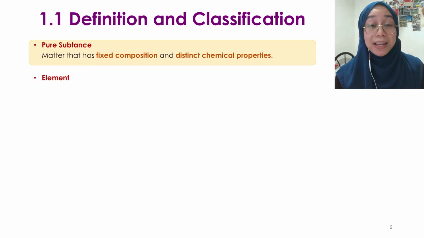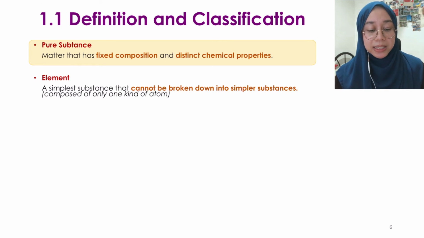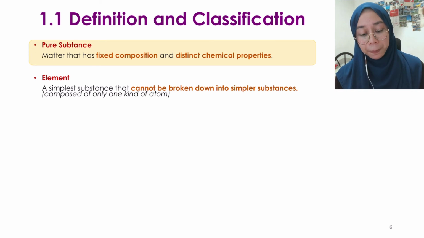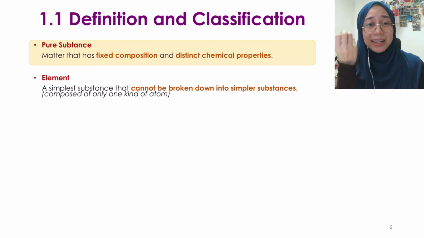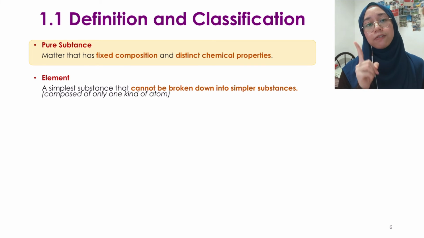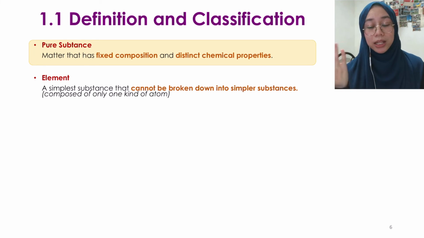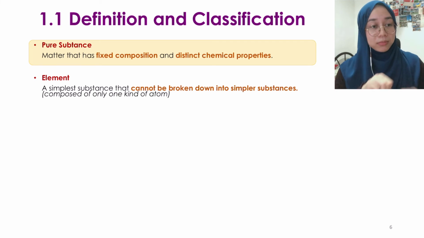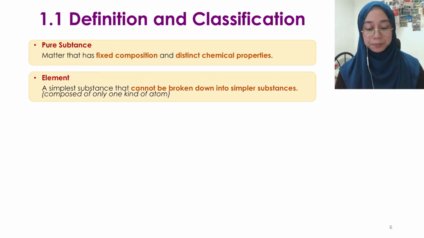Okay, so kita tengok element dahulu. So element is basically the simplest substance that cannot be broken down chemically. Okay, dia dah tak boleh nak di broken down jadi lagi simple daripada apa yang dia dah ada tu, tak boleh, because it is only composed of one kind of atom. Okay, so kita tak boleh nak pecahkan dia lagi, tak boleh.